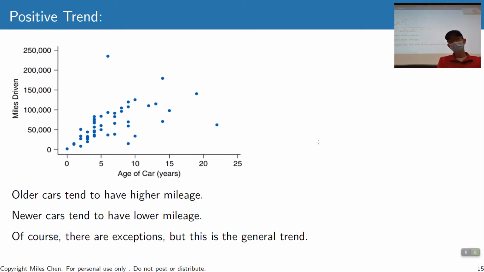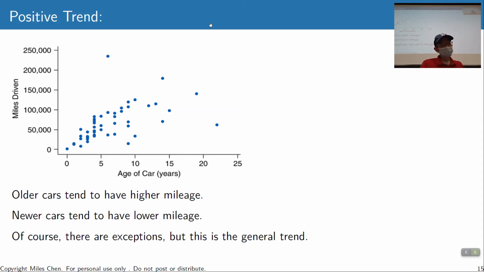So here is something, this is overall, there's a positive trend. Now there are a few outliers, but overall, there's a positive trend. The two variables here are the age of the car, so that's our x variable. How many years old is this car? And the y variable is the mileage driven on the vehicle.